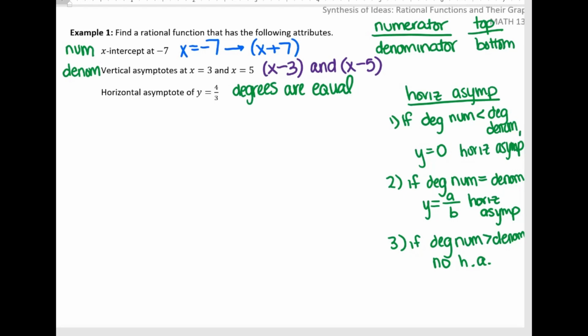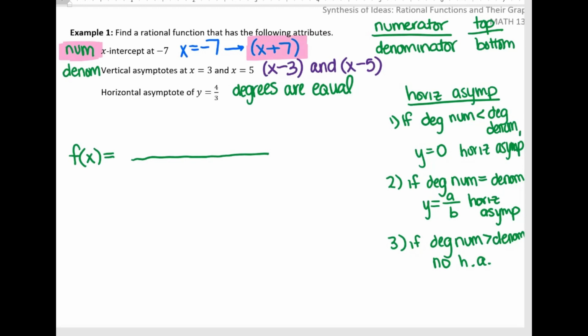Let's put these all together for our function. We know we have a rational function, which is just a fraction on steroids. Okay, we labeled where these guys go. So we said in the numerator, we have our x-intercept of x plus 7 factor.